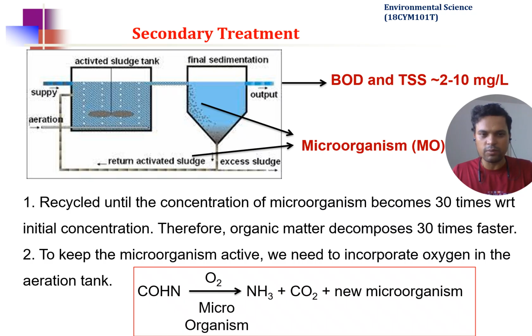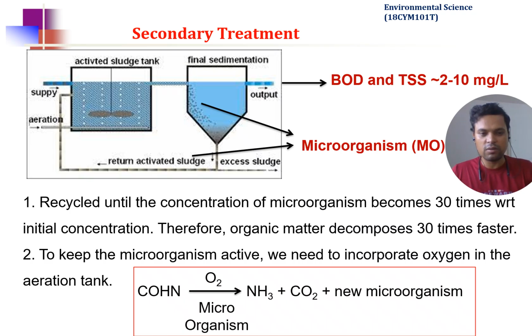Then the microorganisms settle at the bottom, and the water coming out has around 2 to 10 micrograms per liter of organic material. This is tested over time to check whether the process is efficient. If it is not efficient, the water is sent back to the aeration tank, and we wait longer and give the bacteria time to digest all this organic material.